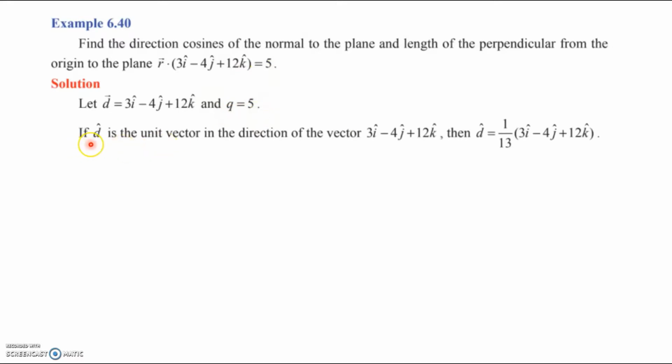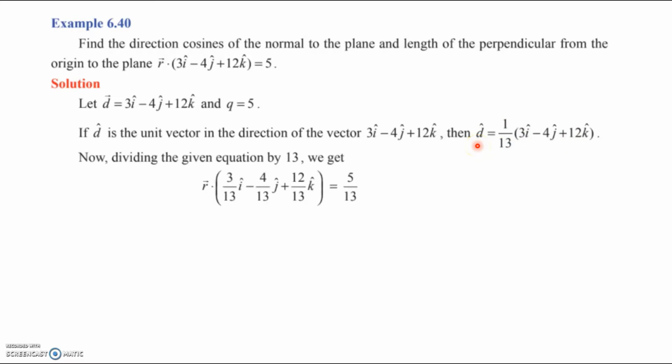Now, d cap, which will be the unit vector in the direction of the vector d, which is 3i cap minus 4j cap plus 12k cap, is equal to the vector d divided by its magnitude. The magnitude of vector d will be the square root of 3 squared plus 4 squared plus 12 squared, which will be 13. So if you divide the vector d by 13, you will get d cap, which is the unit vector.